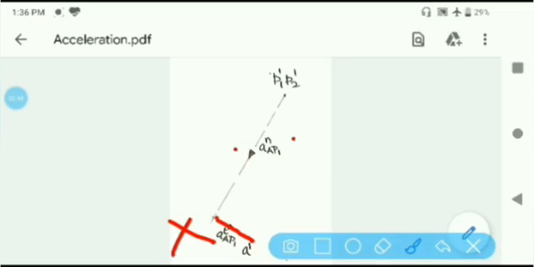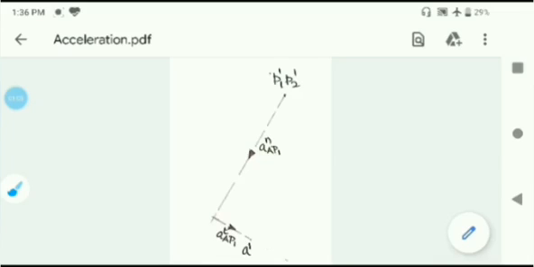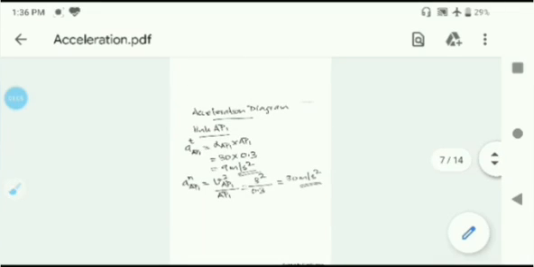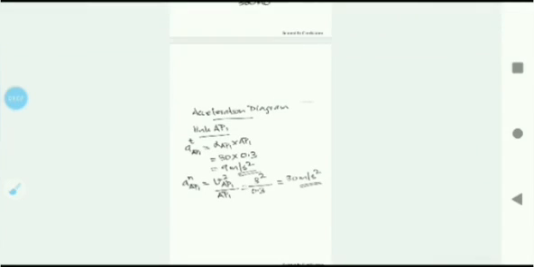I hope you understood why we are taking the downward direction, because that is the direction of rotation, and the length of this line will be the magnitude of the tangential component of acceleration of point A relative to P1, which is nothing but 9 meter per second square.